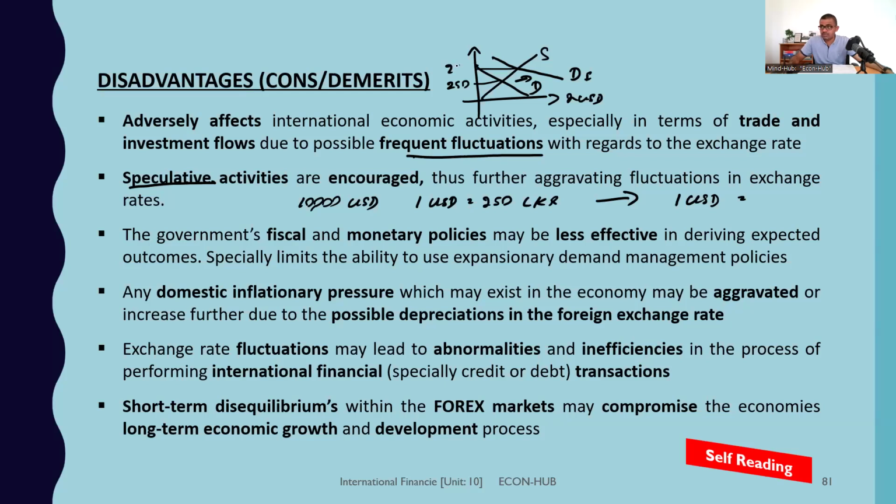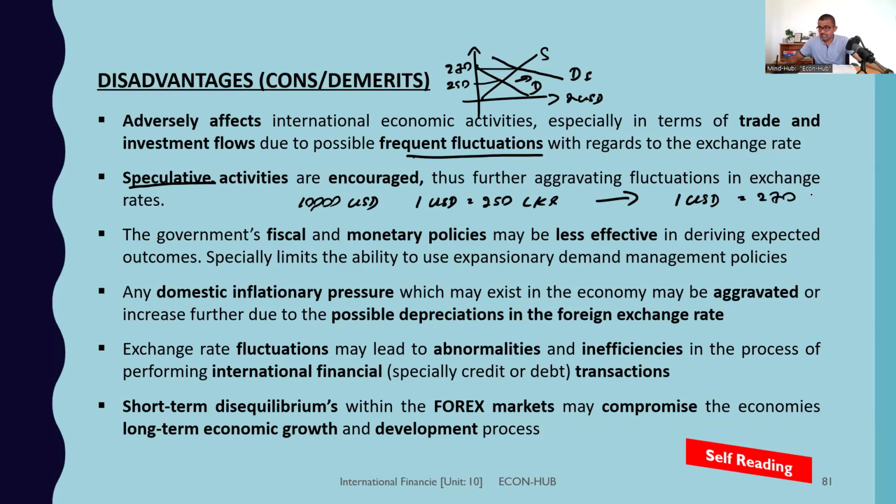We will say this becomes 270. Now the rupee has depreciated. Imports, exports, none of the fundamentals changed. It's purely a rumor, a speculative activity that led to this depreciation of the rupee. And I achieve my objective.